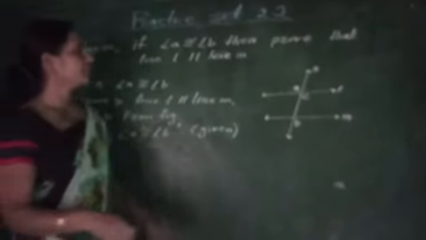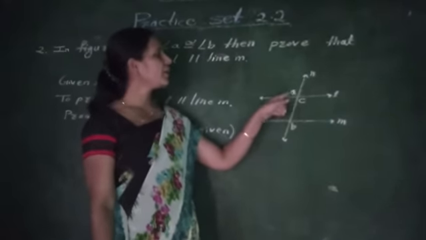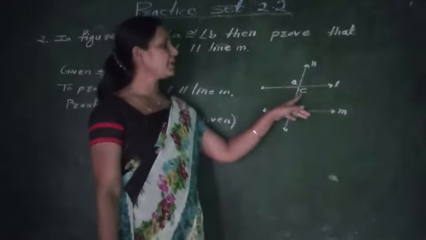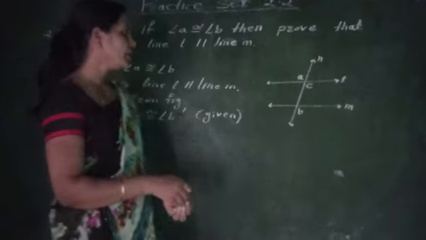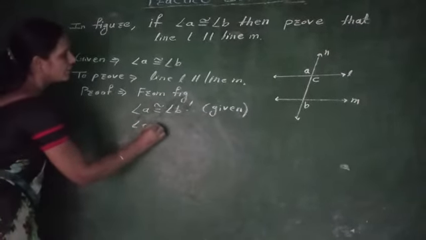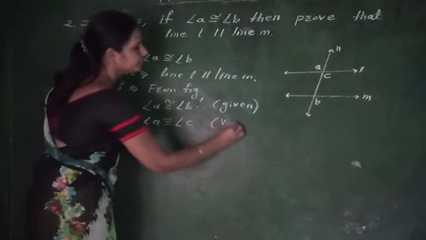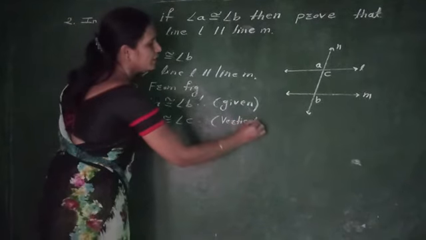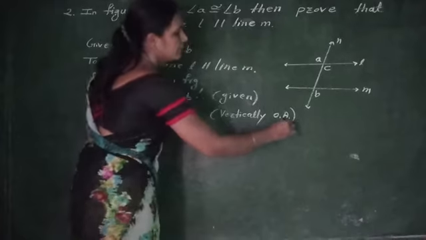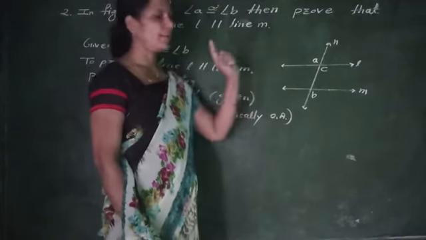Now see in the figure: angle A and angle C are vertically opposite angles, and vertically opposite angles are always congruent. So we write angle A is congruent to angle C because of vertically opposite angles.